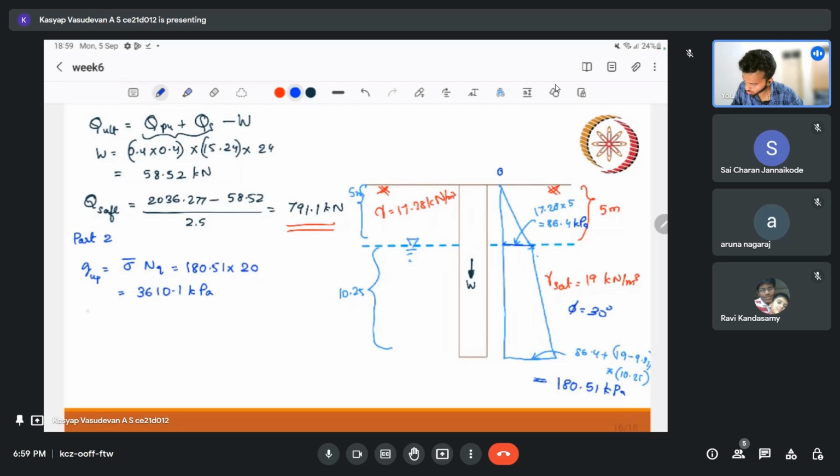So our capital QUP will be 3610.1 into the area at the base, that is 0.4 into 0.4, so this is 577.6 kPa. Okay, so we have QUP.